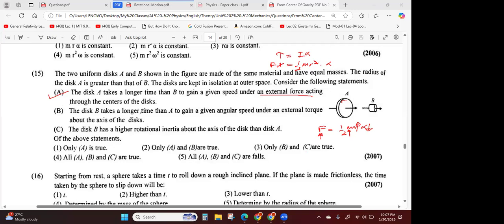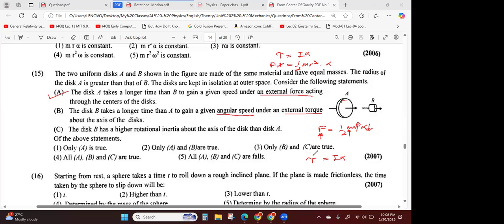The disk B takes a longer time than A to gain a given angular speed under an external torque about the axis of the disk. Okay, so we can write tau equals I alpha, right?